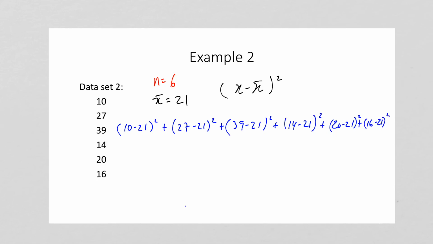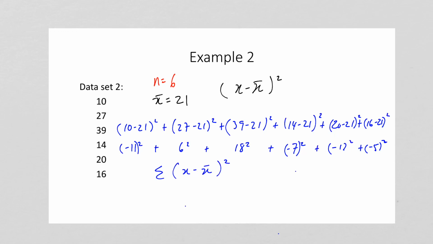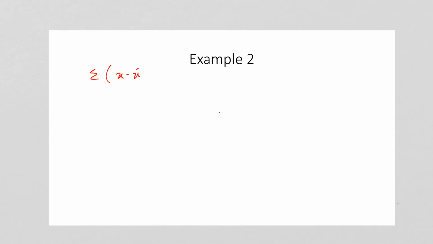And that is going to give us 11 squared plus 6 squared plus 18 squared, plus 7 squared, put those in for the sake of completeness, plus minus 1 squared plus minus 5 squared, which is going to give us sum of x minus the mean squared is going to be 556.